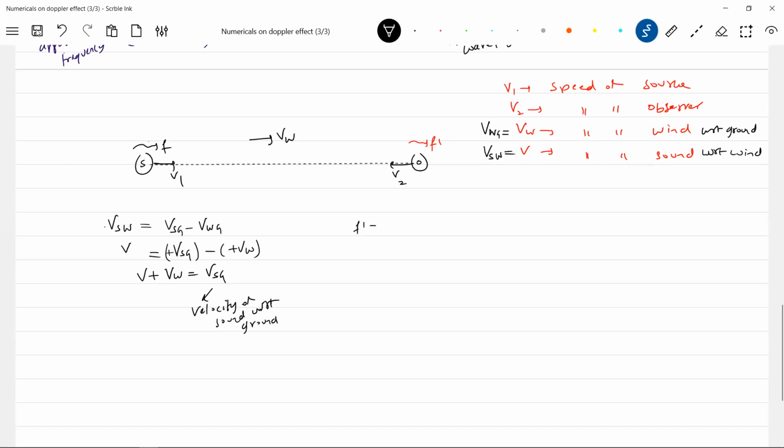F dash should be equal to VSG, and the source is approaching the observer, so VSG minus V2 in the denominator. What is VSG? We have a formula. So this will be V plus VW minus or plus V2.